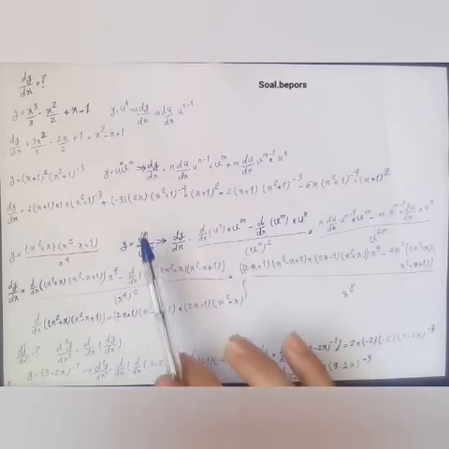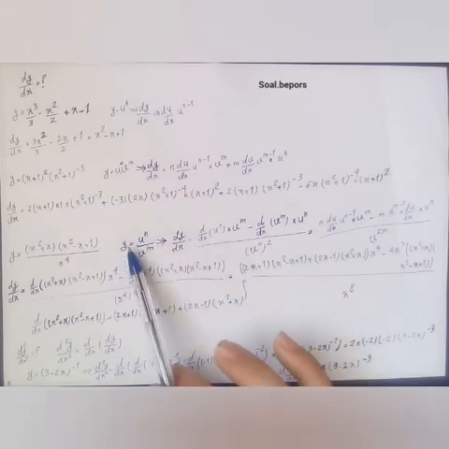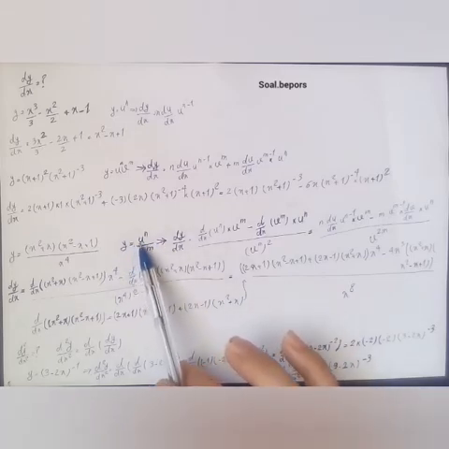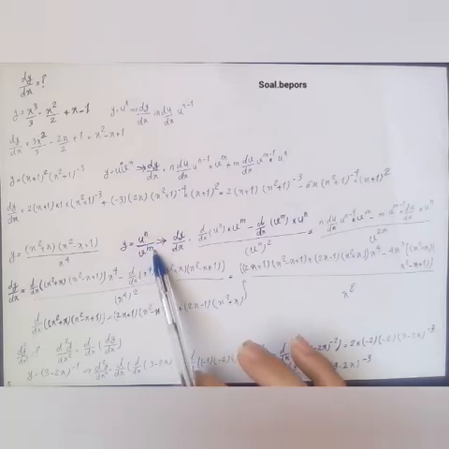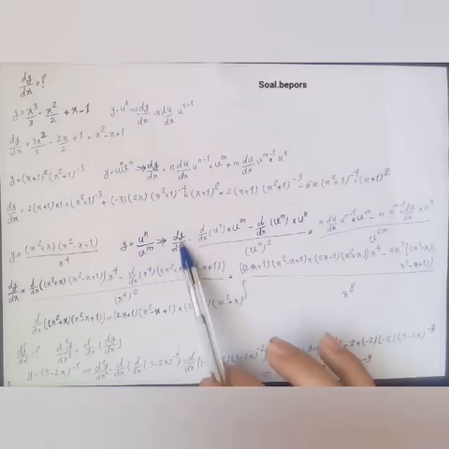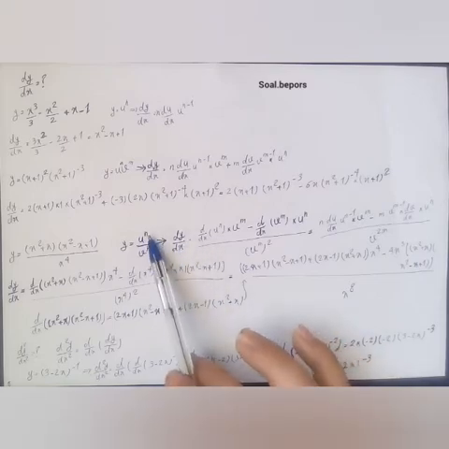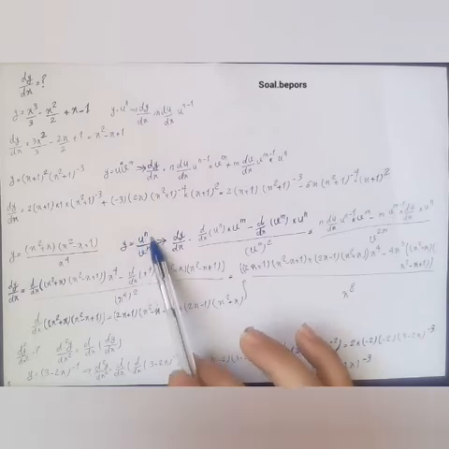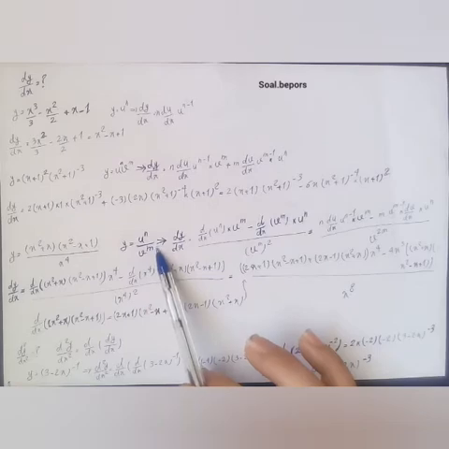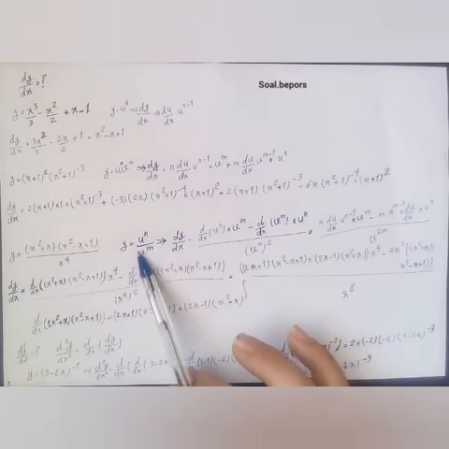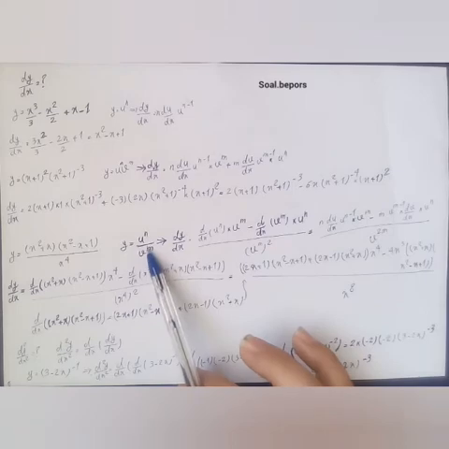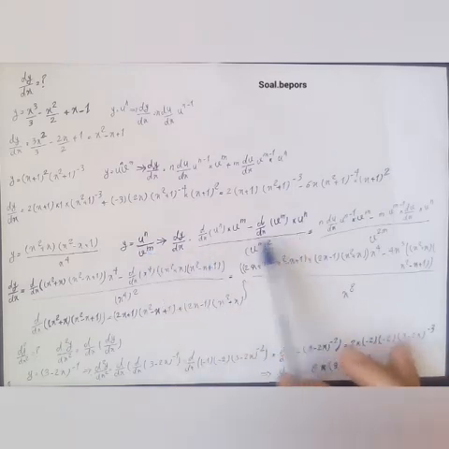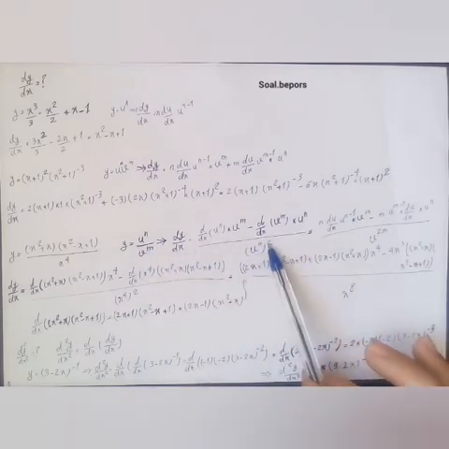We know that if a function equals u^n divided by v^m, dy/dx is dy/dx of the numerator minus dy/dx of the denominator, divided by the denominator power 2.